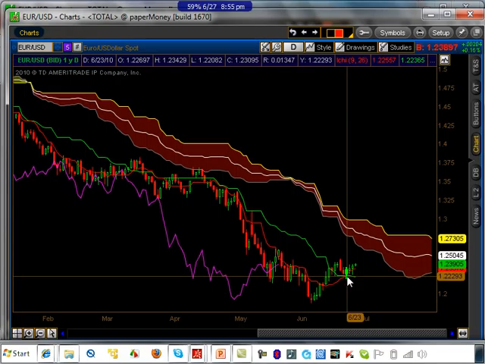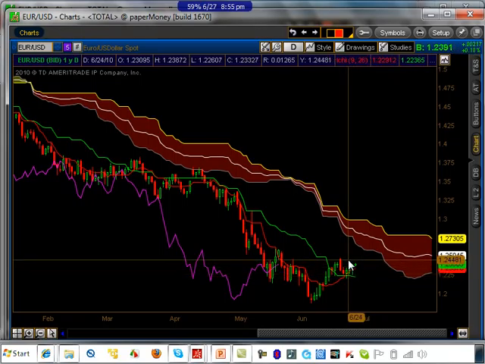So I would not look at a bearish play until at least you see what happens at 1.2229. And then on the bullish side, if you're going to play a counter trend strategy with a very tight stop, not for too much profit, you've got to look for price to get above about 1.2472.